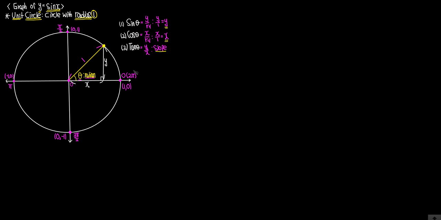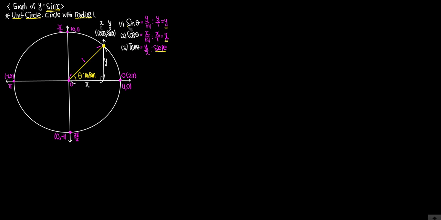So this point here can be notated as the cosine of our main angle theta, comma, the sine of the main angle theta, where the cosine theta is the x coordinate and the sine theta will be the y coordinate. And this is the basic review for the unit circle, where we're going to use this information to graph y is equal to sine x on the coordinate plane.